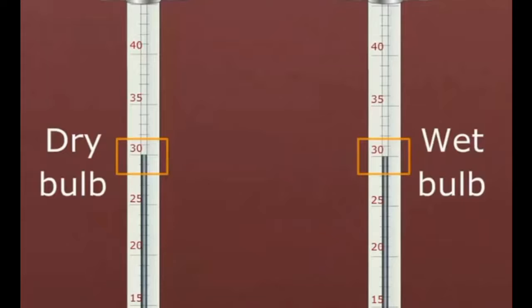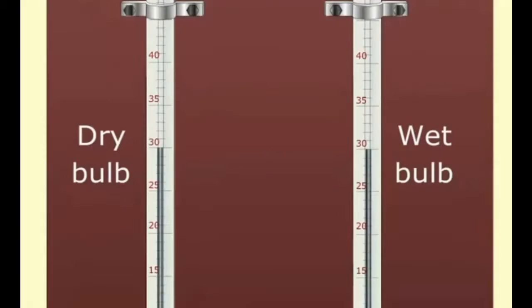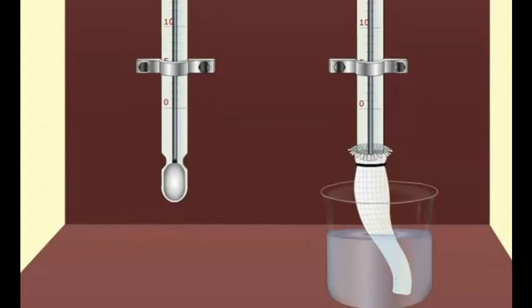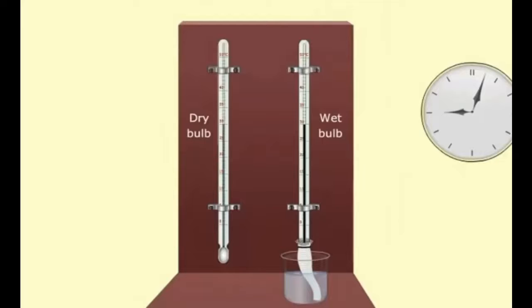Assume both thermometers show 30 degrees centigrade. Then the muslin bag is dipped in a beaker of water. Wait for 5 to 10 minutes.